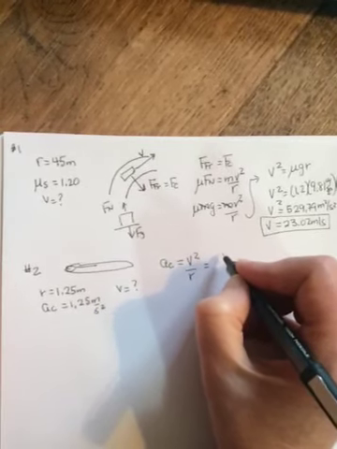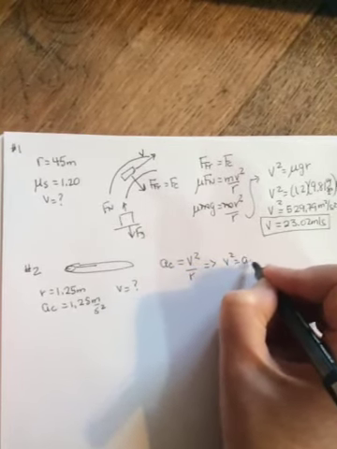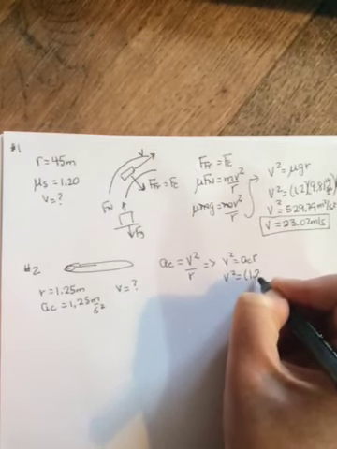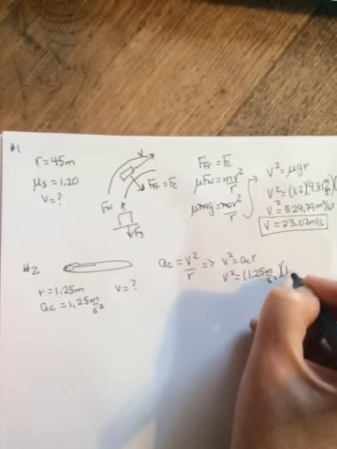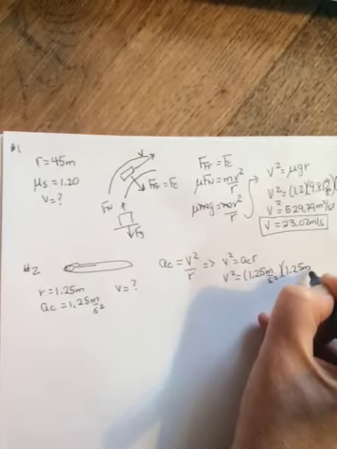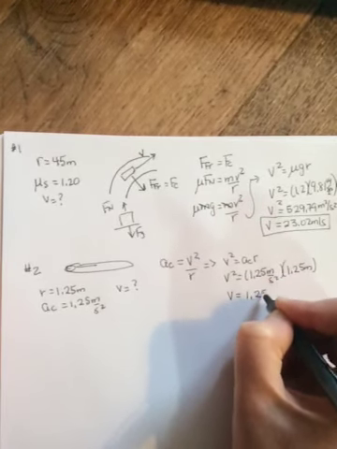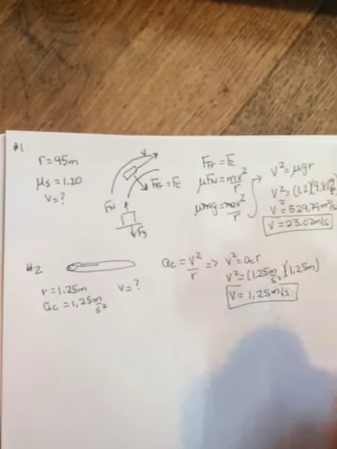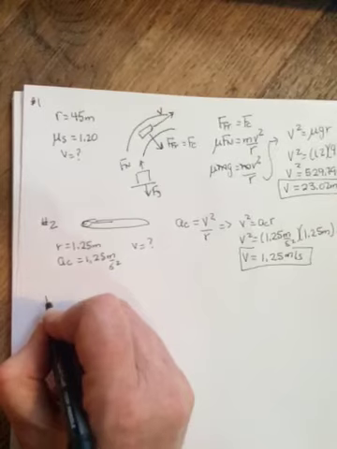So you're looking for v, so v squared is equal to AC times r. So v squared is equal to 1.25 meters per second squared times 1.25 meters. And then you're going to take the square root, and I bet you get 1.25 meters per second. Funny about that when you multiply 1.25 by 1.25 and take the square root.